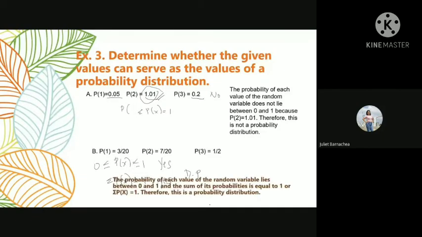Ito yung conclusion. The probability of each value of the random variable lies between 0 and 1, and the sum of its probabilities is equal to 1, or summation of P of X is equal to 1. Therefore, this is a probability distribution.